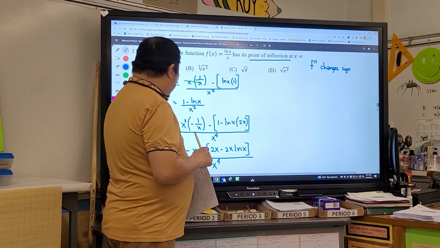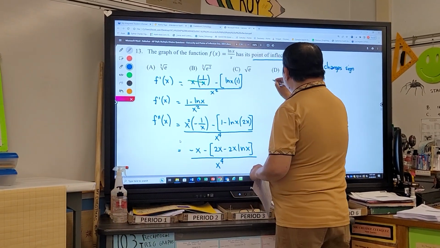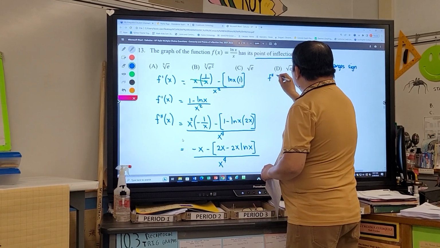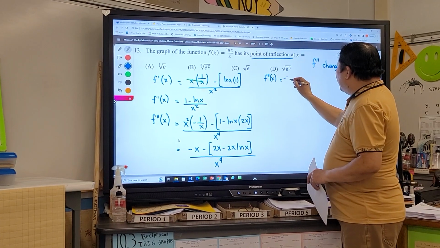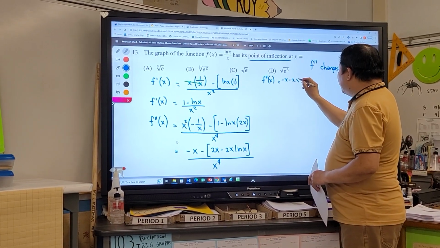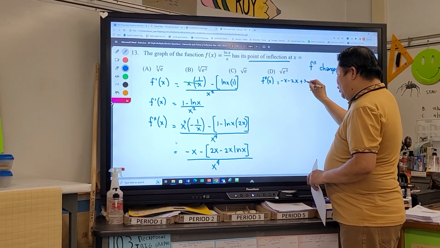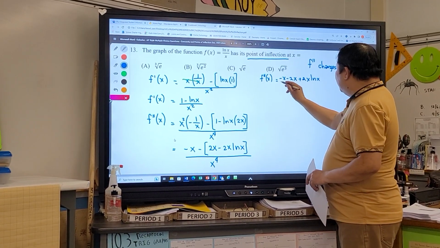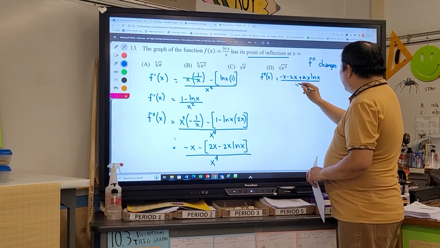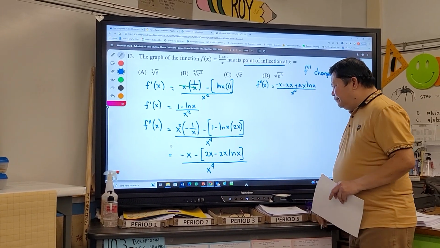So f double prime of x is equal to negative x minus 2x plus 2x ln x over x to the power of 4.